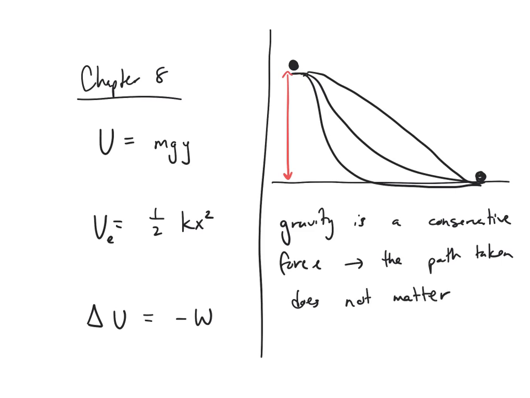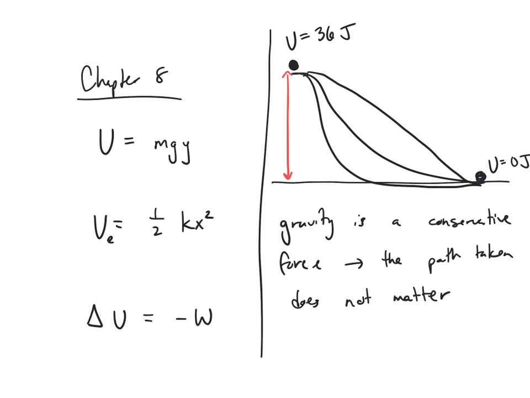So if you start with a certain amount of potential energy, and let's say that potential energy is 36 joules, and you end with a potential energy of 0 joules, whether you took the top path, the middle path, or the bottom path, the work done is still going to be the same value. The change in kinetic energy is still going to be the same value.